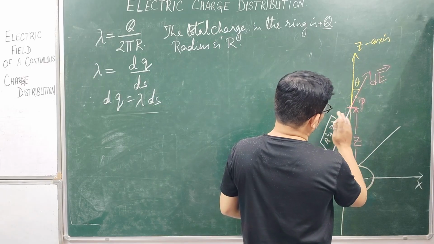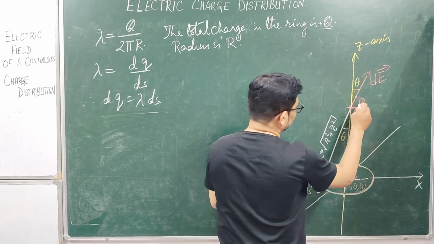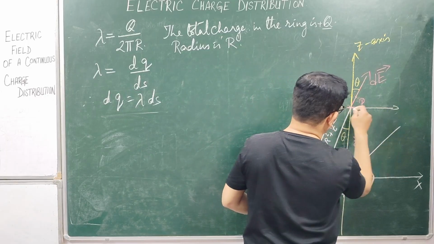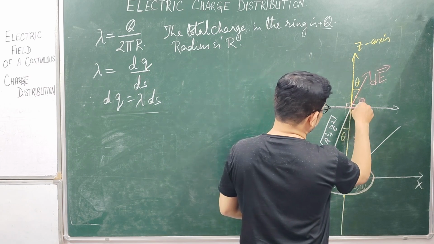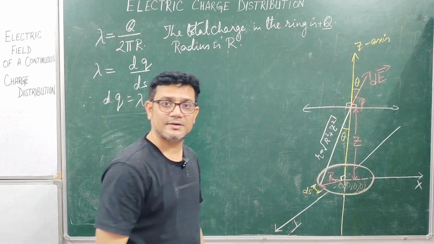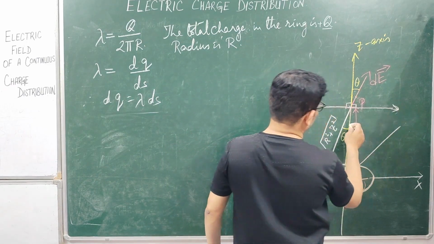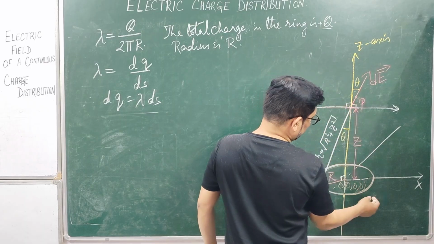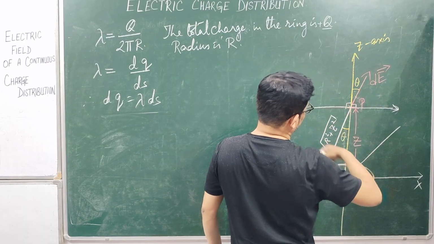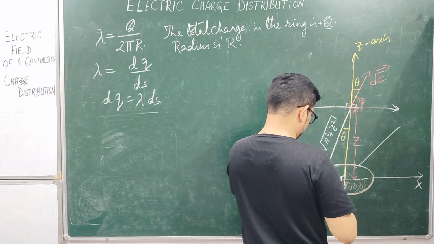However, if you figure it out symmetrically, if you go the other way, all the components which would be perpendicular to this plane will be cancelling out each other. Vectorially, they'll be cancelling out each other, and the net of all those elemental dE, when you add up, would be all along this direction.